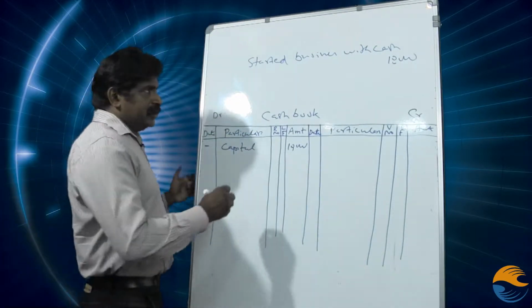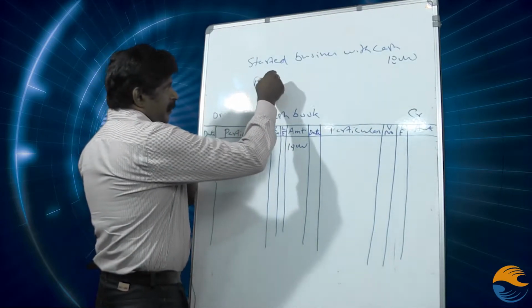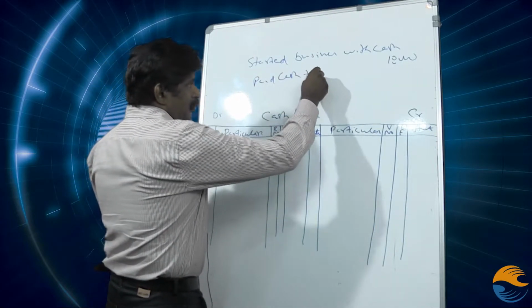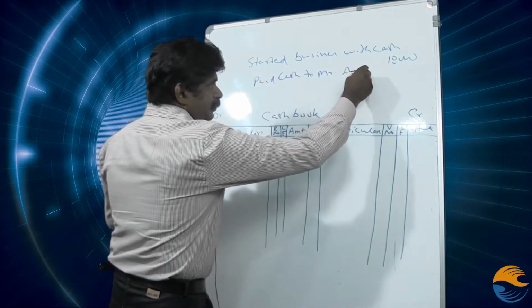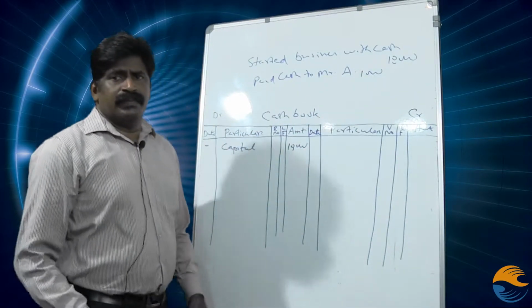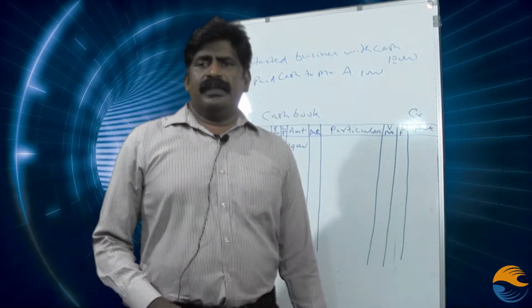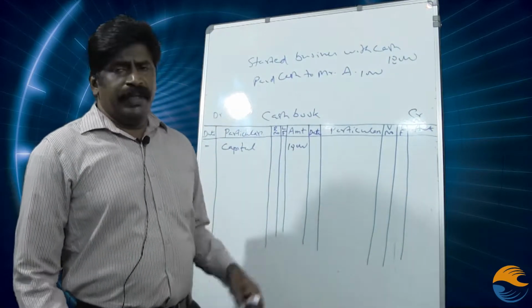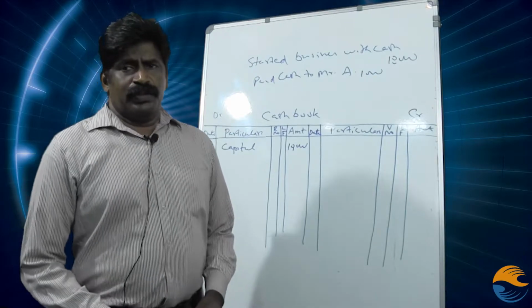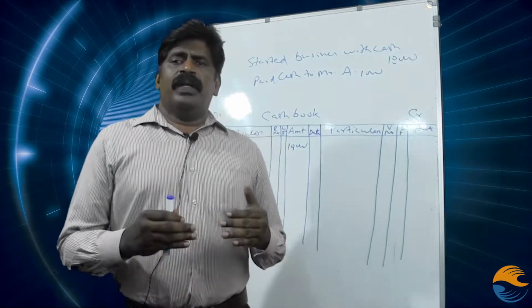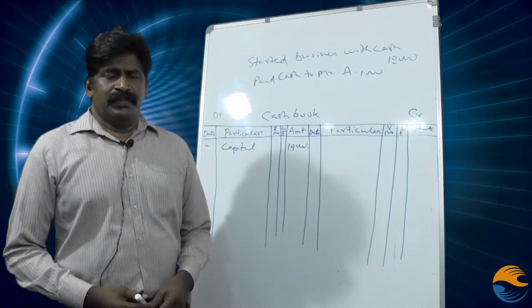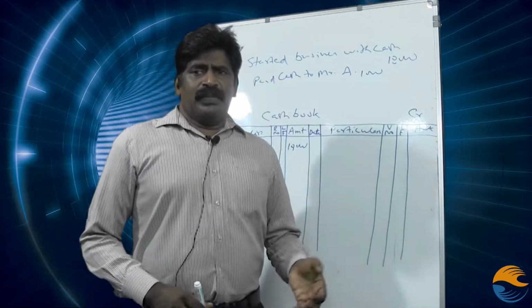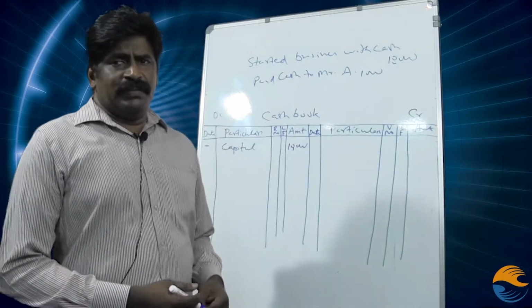Consider another transaction. Paid cash to Mr. A, 1000. If you consider this transaction, we are paying money, 1000 rupees, to Mr. A. So money goes out of the business. When money goes out of the business, it should be considered as payment.